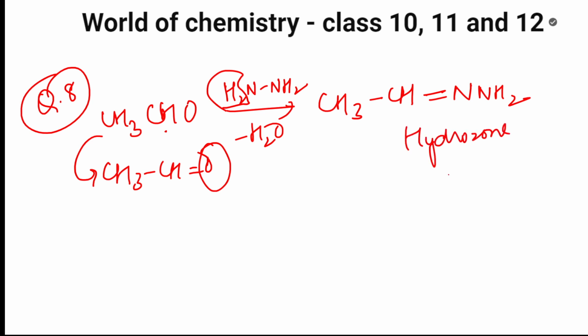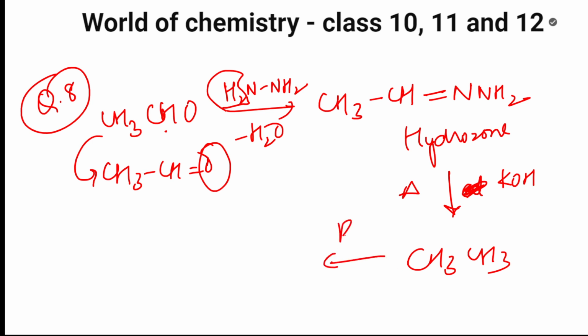Hydrazone. Now to this hydrazone, suppose they're going to give me heat, just KOH, and they're going to heat it. So what will happen when you're heating? The bond breaks. Yes, the KOH converts the hydrazone to alkanes.